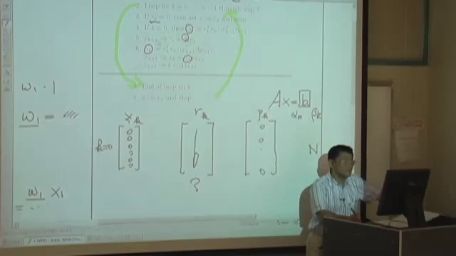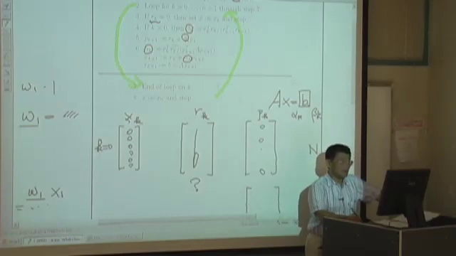As you can see, p_{k+1}, then p_{k+1} is what? p_1 will be defined. p_1 equals, as you can see, r_k plus beta times p_k.